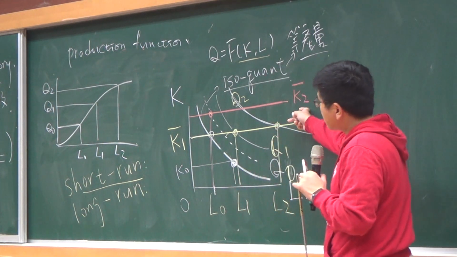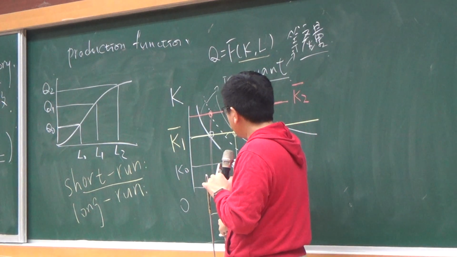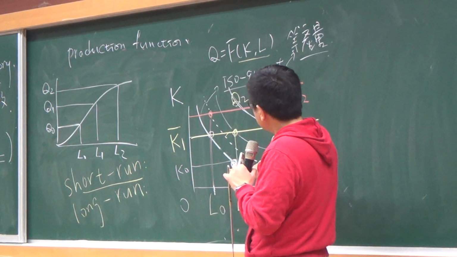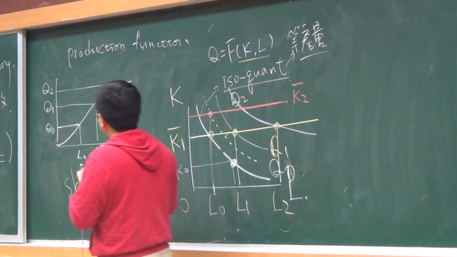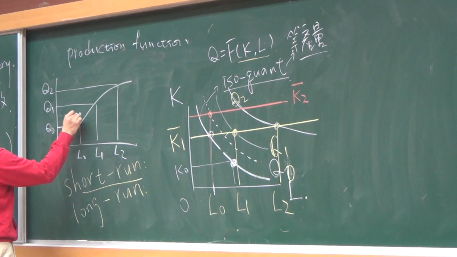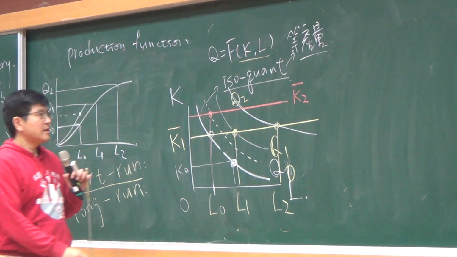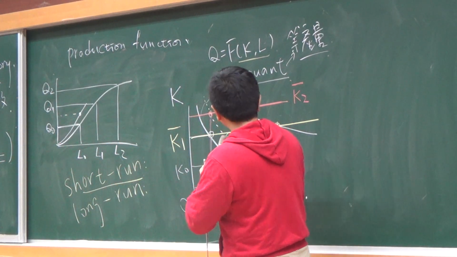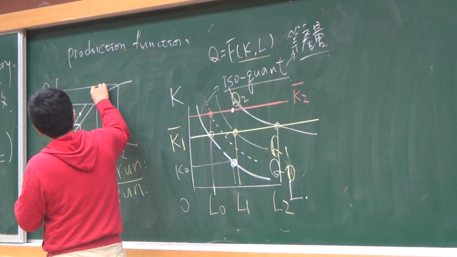If K2 bar is here, then accompanied with L0, the corresponding isoquant would yield something between Q1 and Q0. With L1, something between Q1 and Q2.